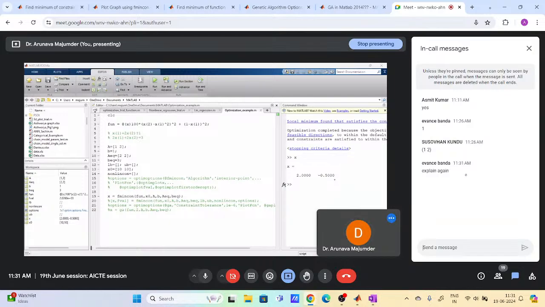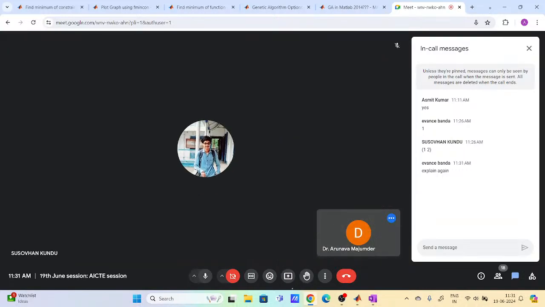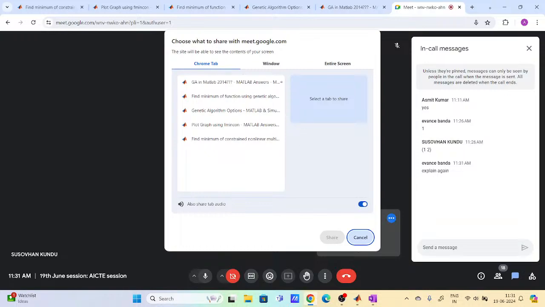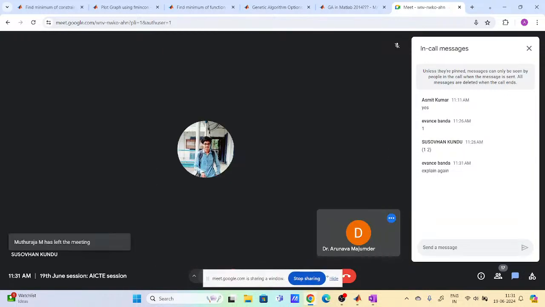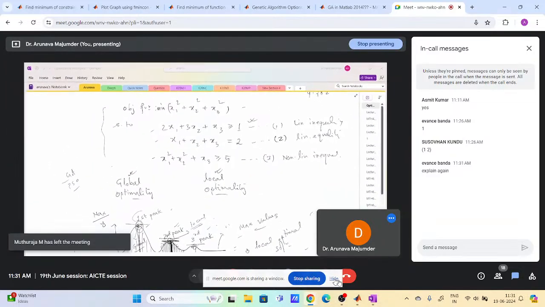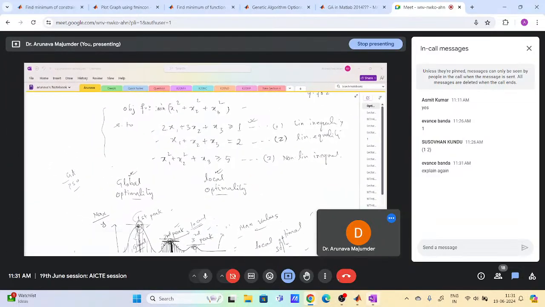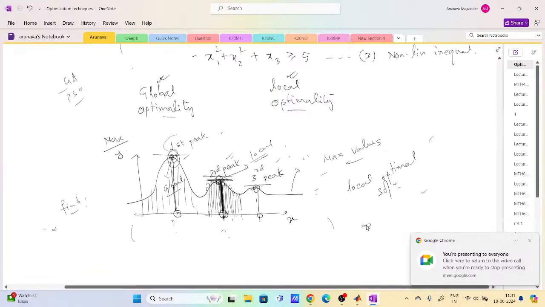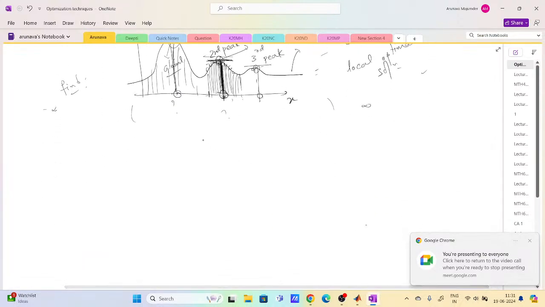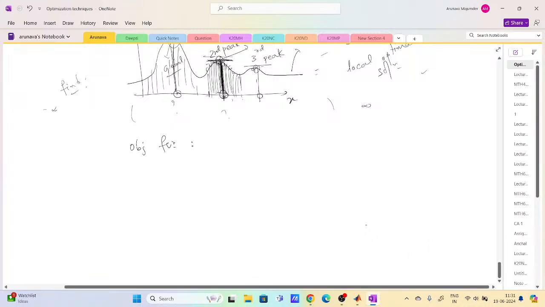And what is the function value? What is the objective function?